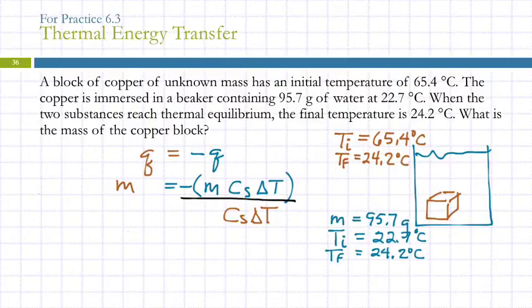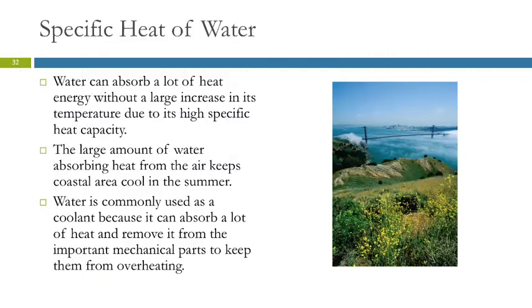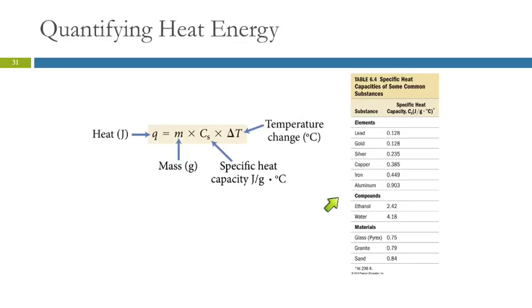What are we missing? We're missing the specific heat capacity of both substances. So let's go look those up. Copper, 0.385. The units here are important, joules per gram degree Celsius, and water is 4.18.